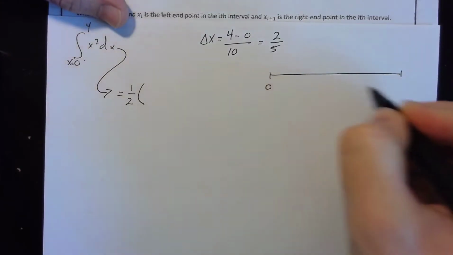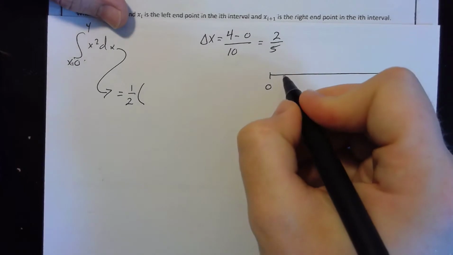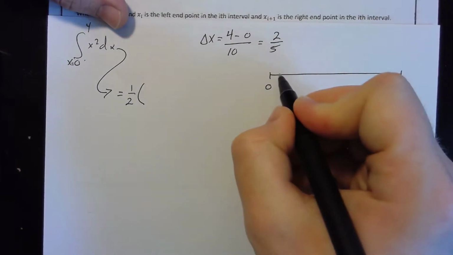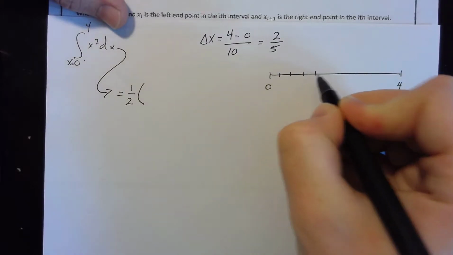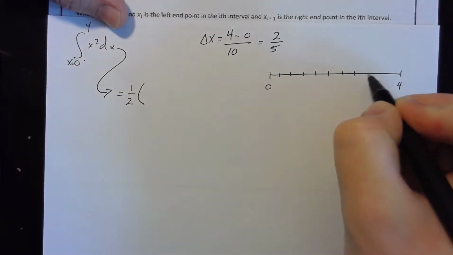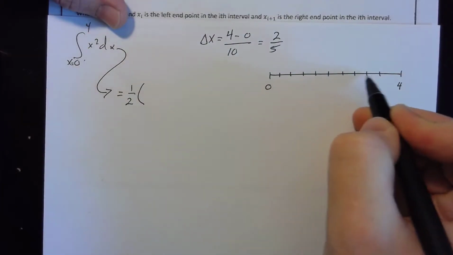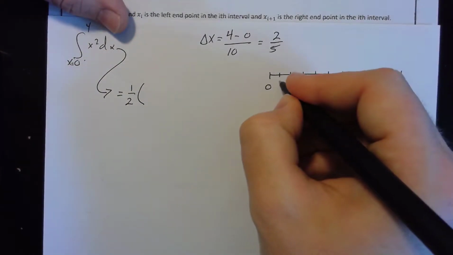I'm going to start at 0, end at 4, and move by a distance of 2/5 each time. So I need to cut this into 10 pieces. 1, 2, 3, 4, 5, 6, 7, 8, 9, and 10. This last section is a little bit off, but all in all, that's not bad.